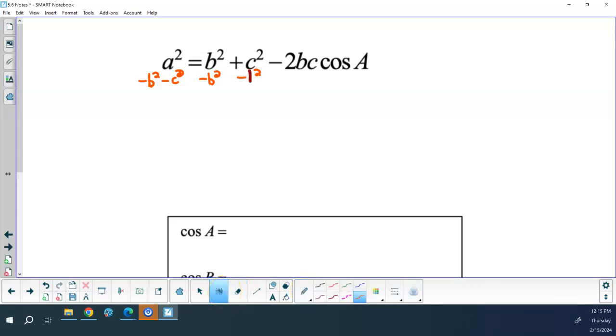Okay? If I do that, then I get a squared minus b squared minus c squared equals negative 2bc cosine of A.